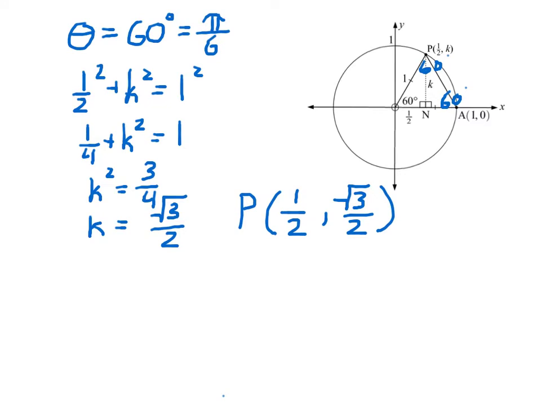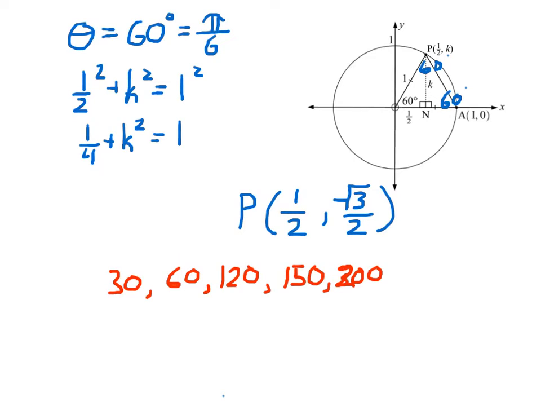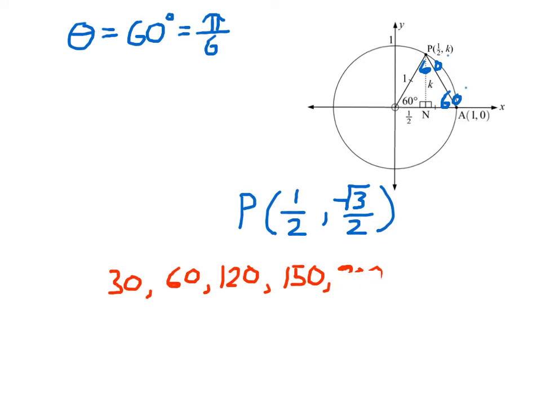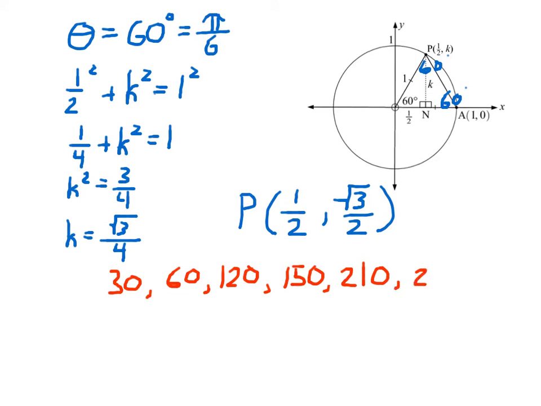And those multiples are 30, 60, 120, 150, 210, 240, 300, and 330.